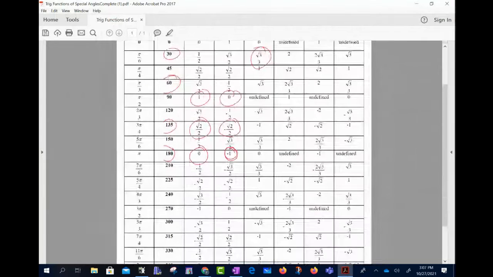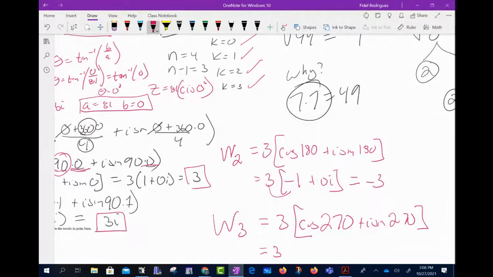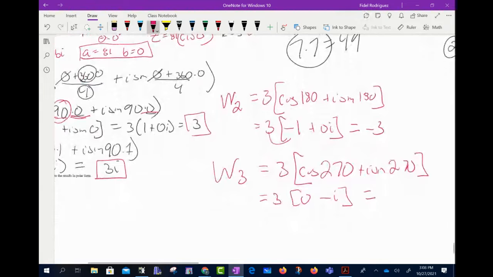Remember, the cosine is right here. So the cosine at 270 is 0, and the sine at 270 is negative 1. So this is 0, and then this is negative i, because negative 1 times i gives me negative i. So 3 times 0 is still 0, but 3 times negative i is negative 3i.